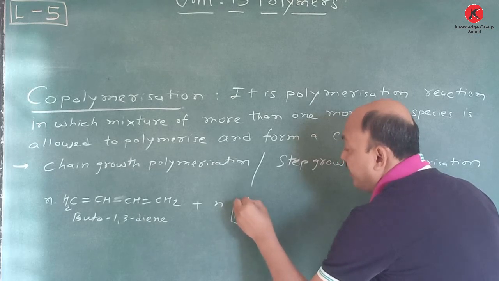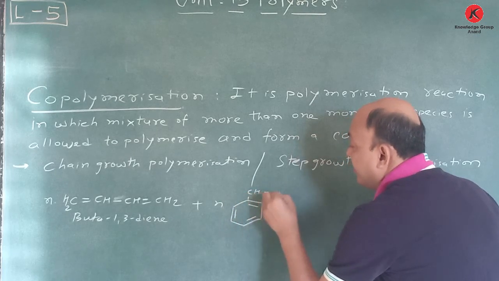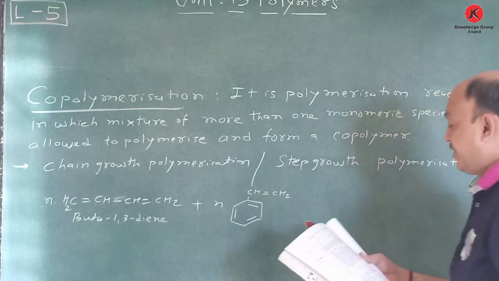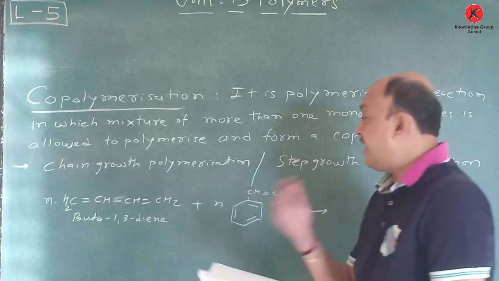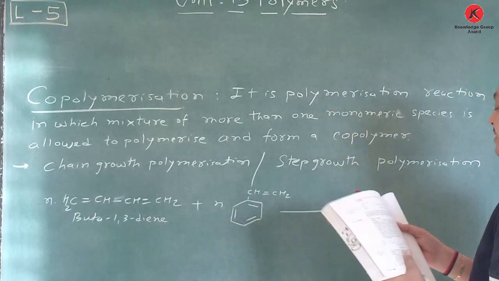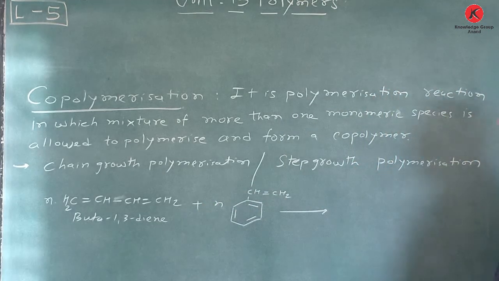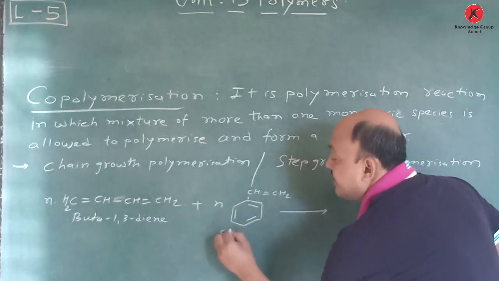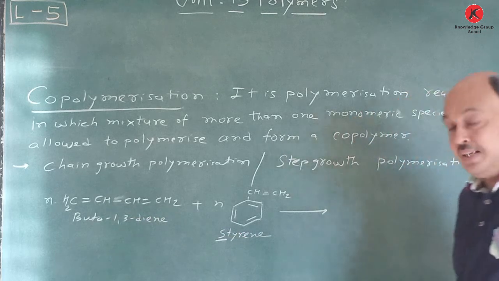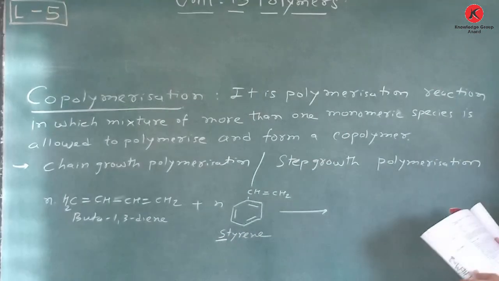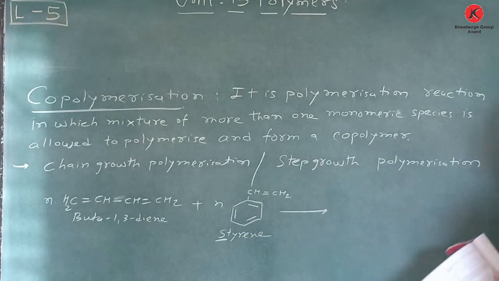We learned this topic. CH double bond CH2, and made according to this reaction, it forms a copolymer which is called BuNa-S. Remember, this is called BuNa-S or butadiene-styrene copolymer.